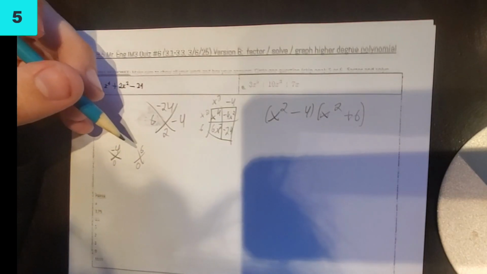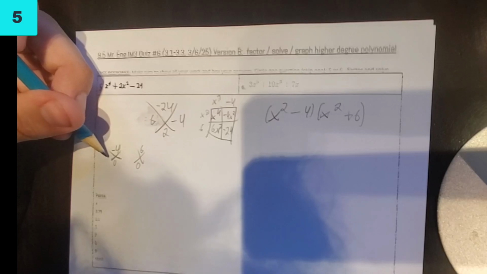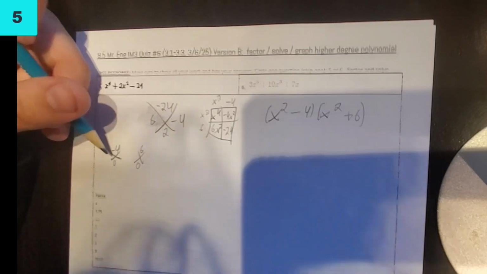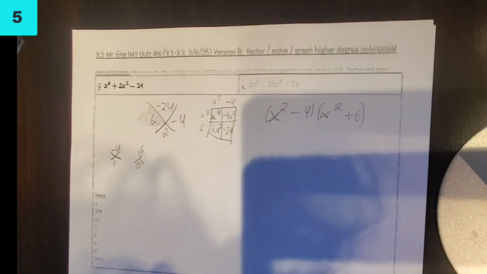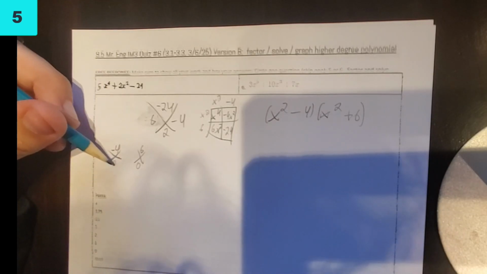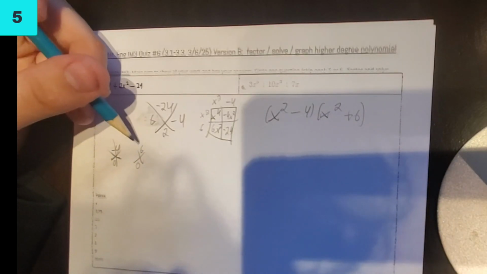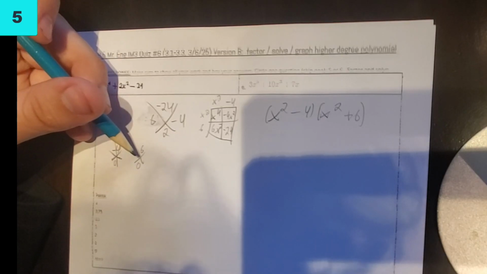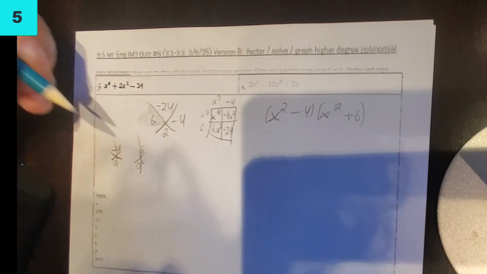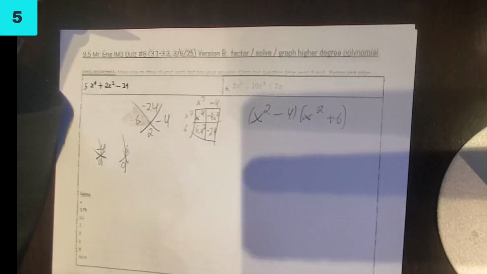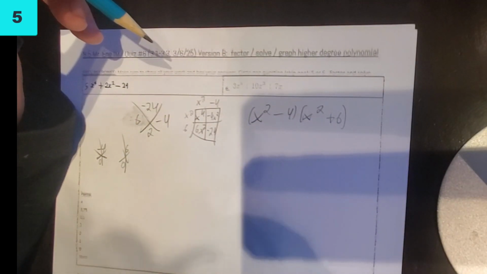For this situation, negative 4, because it's a negative, I know that it cannot be multiplied into, and 6 is not a square of anything, so it can't be factored out, which means both of these are prime factors.